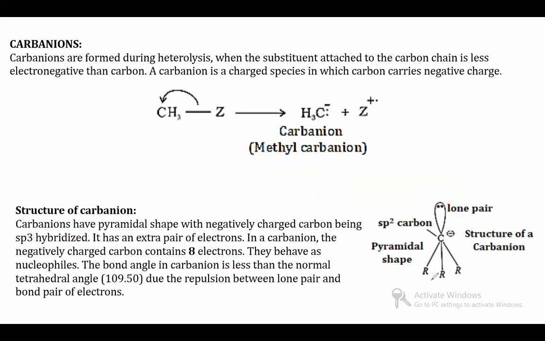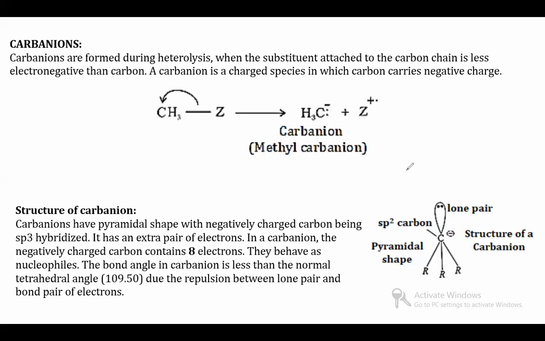So the shape is pyramidal, with a negative charge on carbon. Due to the presence of the lone pair of electrons, there will be repulsion, a steric repulsion force between them, so we get the distorted structure. This carbanion is also divided into 3 types: primary, secondary, tertiary, and alkyl, allyl, and aryl.